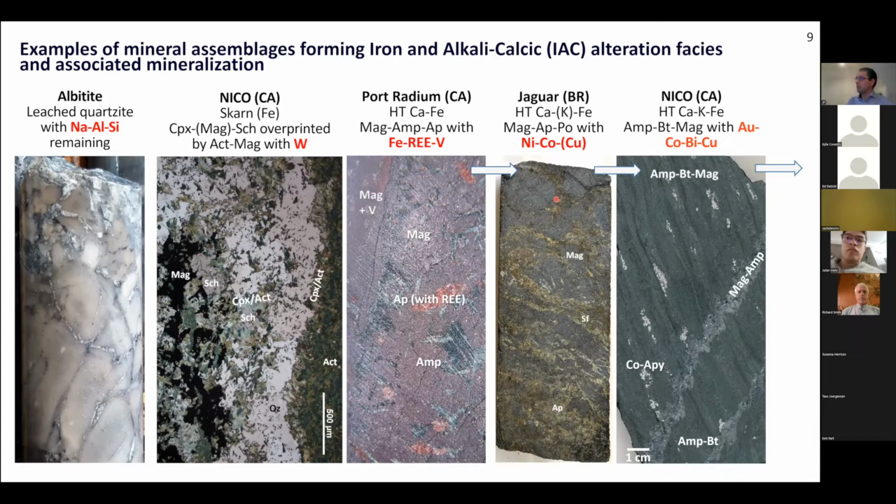A new emerging type of mineralization that can exist in these metasomatic systems is hydrothermal nickel with some cobalt and also a copper component, exemplified by the Jaguar deposit in Brazil, where we have, in conjunction with magnetite, the deposition of nickel sulfides, and pyrite or pyrrhotite, and then also associated with apatite, evolving to assemblages of amphibole, biotite, magnetite, an association generally with sulfarsenide, and then a gold-cobalt association with sometimes bismuth or copper.